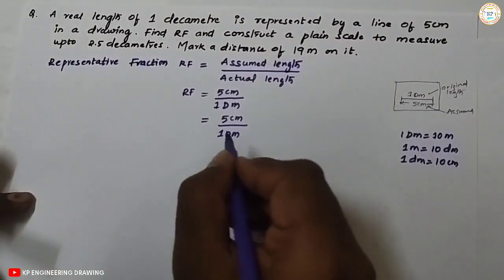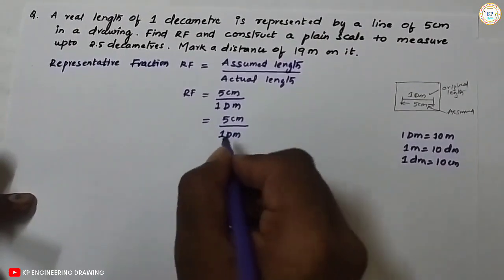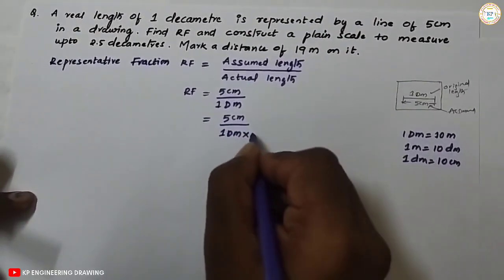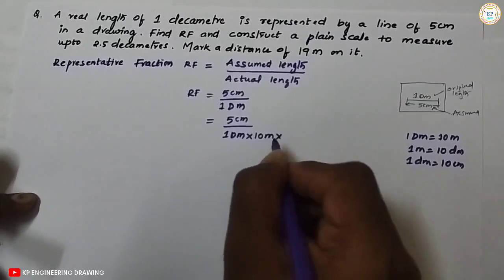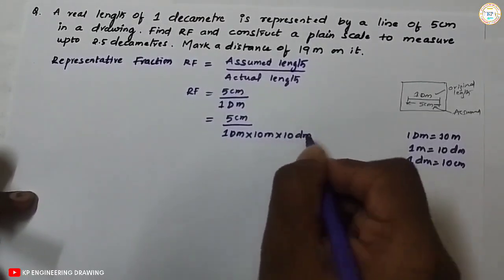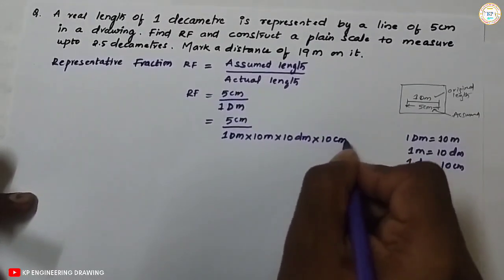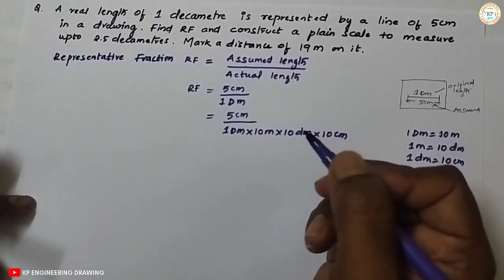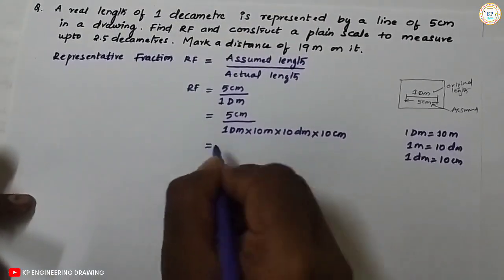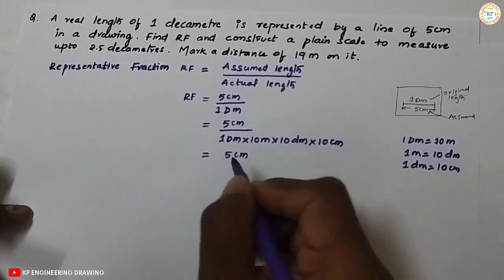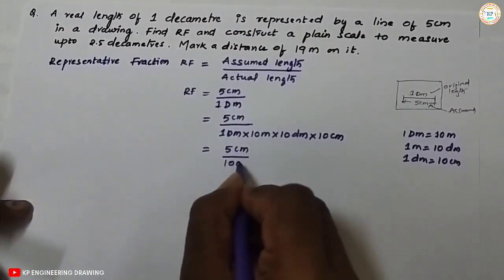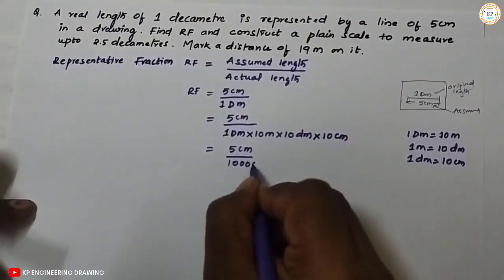So here we can write 5 centimeters divided by 1 decameter into 10 meters into 10 decimeters into 10 centimeters. So this will be 5 centimeters divided by 1000 centimeters.